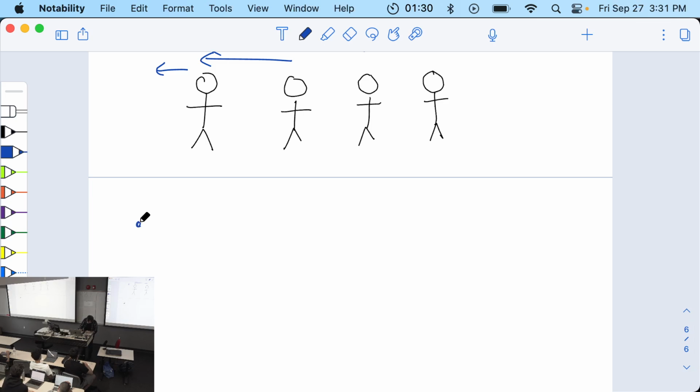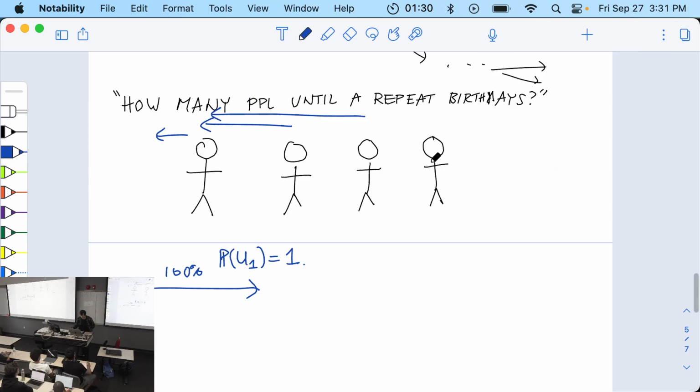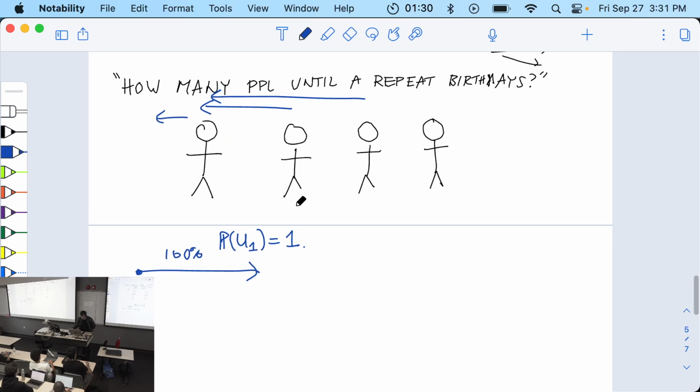Okay. And this gives you a probability tree. So you start with nothing. The first person, with a 100% chance, has a unique birthday. So the probability the first person has a unique birthday is 100%. So Un is the probability the nth person has a unique birthday.